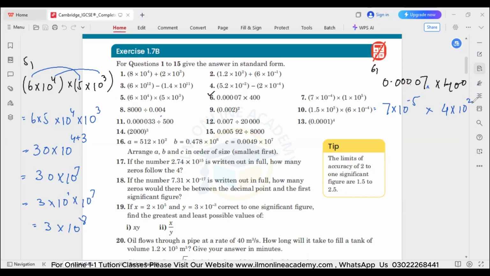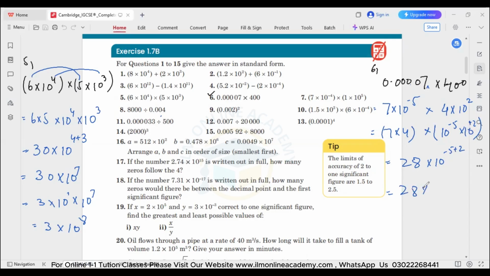Okay, so 7 and 4 will be directly multiplied, and 10 power negative 5 and negative 2 we need to deal with accordingly, like this. 10 power negative 5 times 10 power 2. So 7 times 4 will be 28. Along with that, these powers, you will be adding them together. Okay, where we have positive 2 here. Yes.